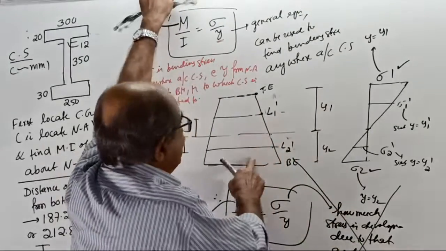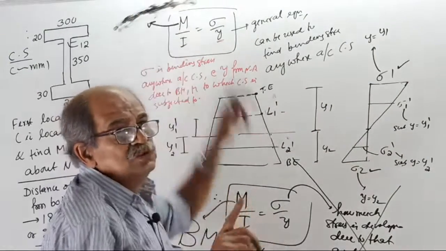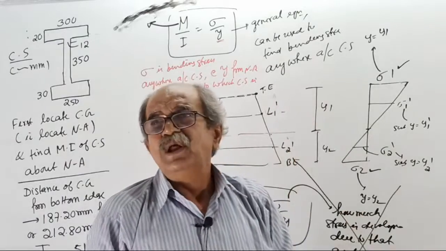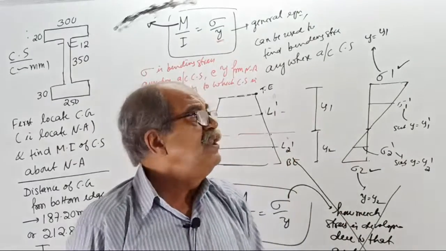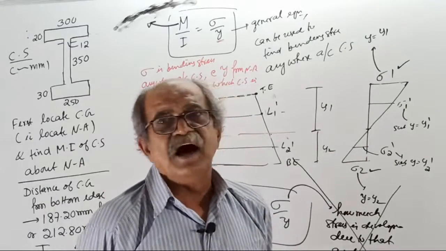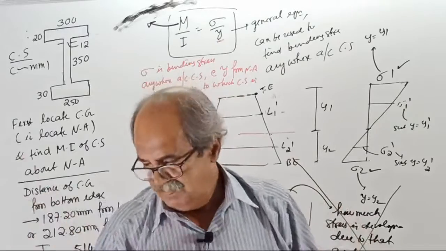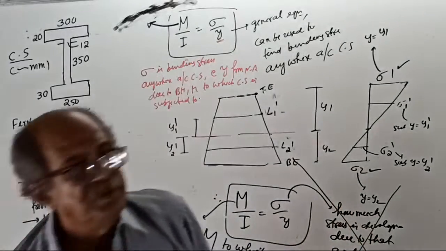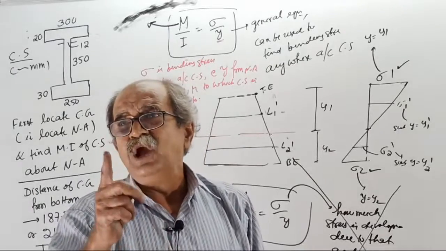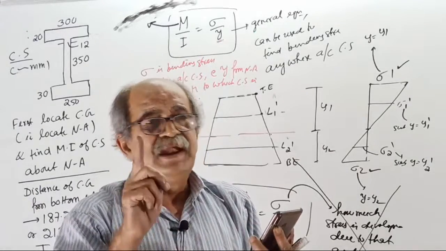There is no material property here. When you eat in a hotel, he will not ask, are you poor, are you rich, are you middle class. How much you have ordered, the bill will come. Note this firmly: for a given bending moment, when you find stress, it has nothing to do with the material.